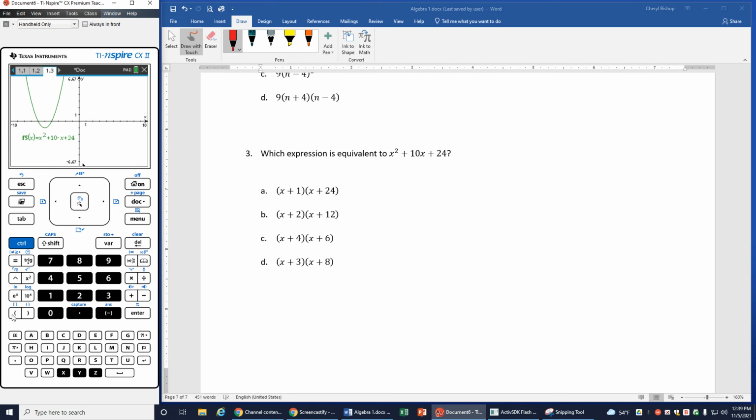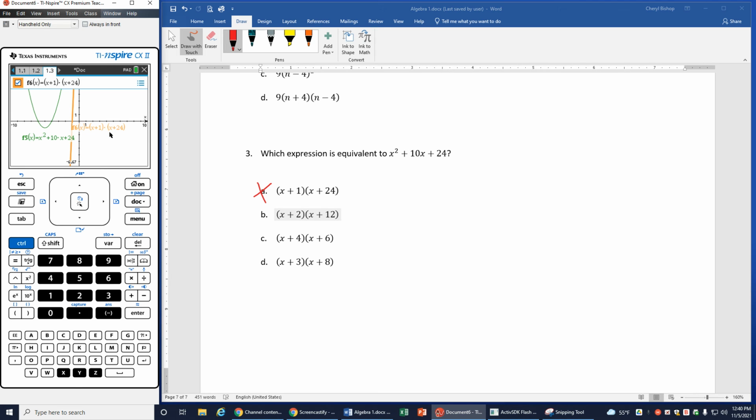Let's start with this first one. Oops, I need to hit tab to get my equation. Parentheses x plus 1, close parentheses, open parentheses, x plus 24, close parentheses. And when I graph it, nope, those are not going to be the same graphs. So A is not going to be my correct answer.